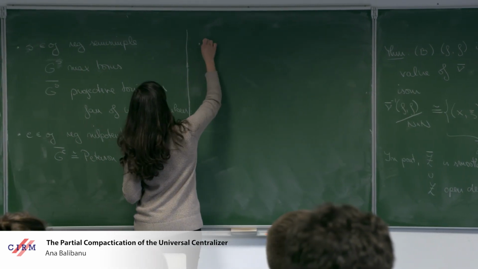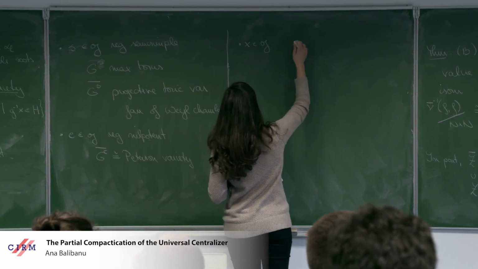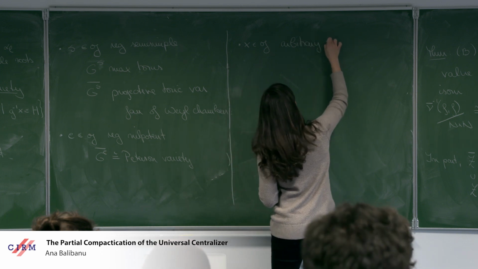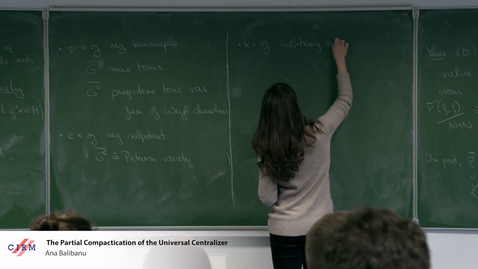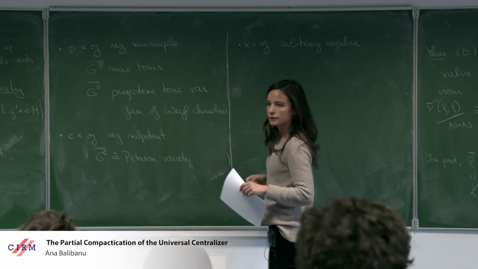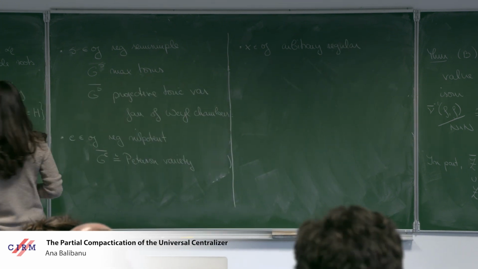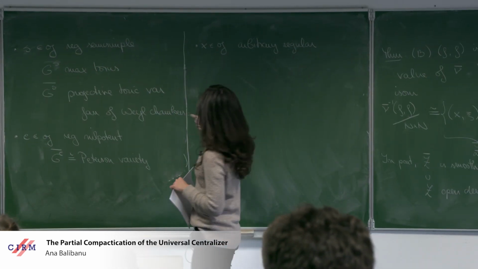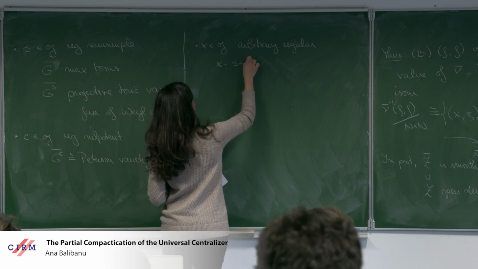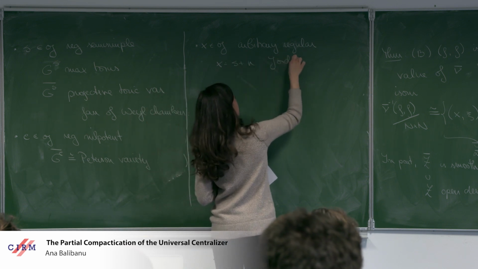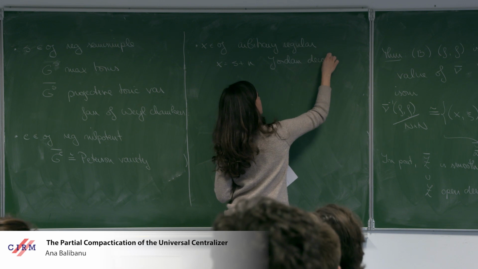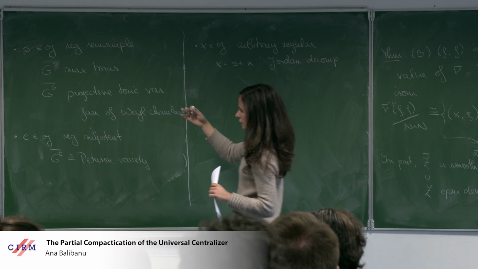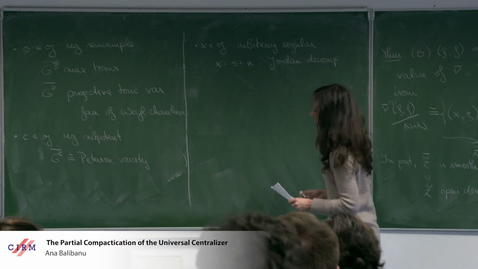And then in the intermediate case, so when x is an arbitrary regular element, well, I can write its Jordan decomposition. And then this is reflected in the structure of the compactified centralizer in the following way.